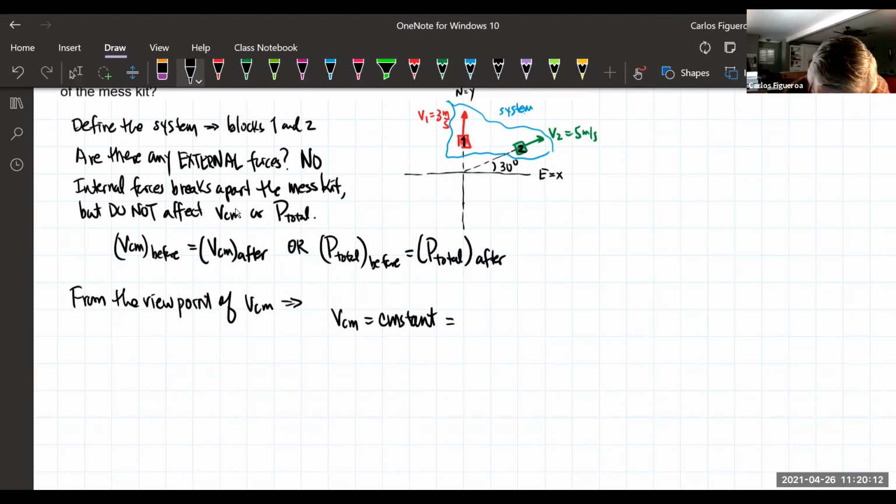But wait a minute, we also said that these guys had the same mass, but they have different velocities.